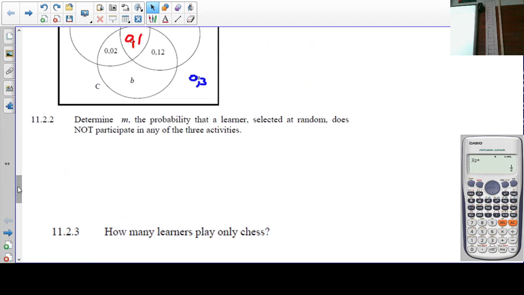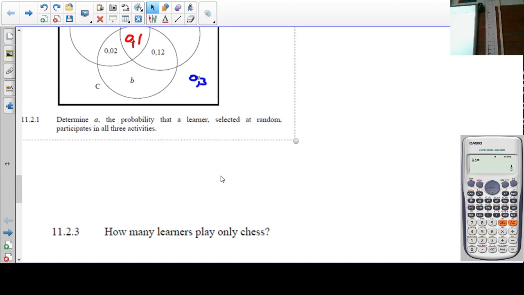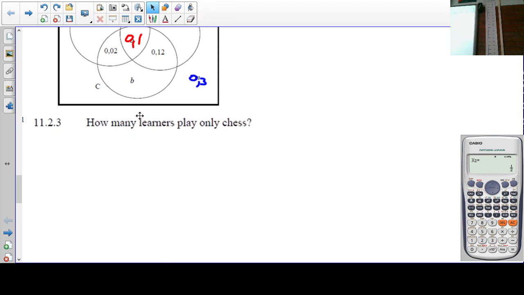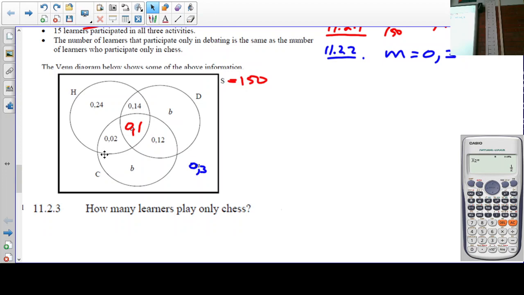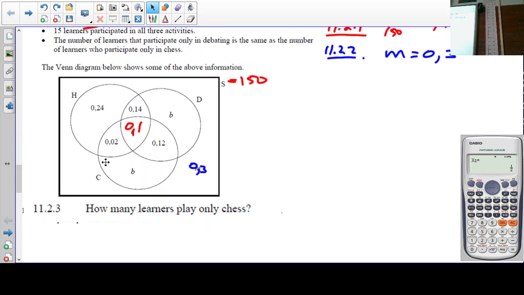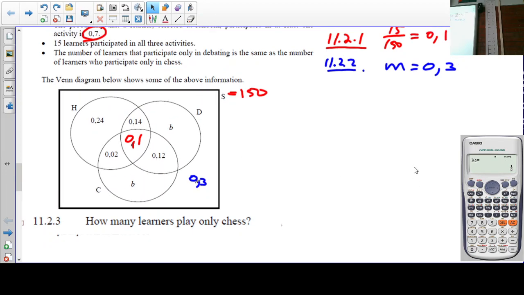Okay, so let's take this out. So in question 11.2.3, they say how many learners play only chess. So in other words, if I calculate B, I've done the job.